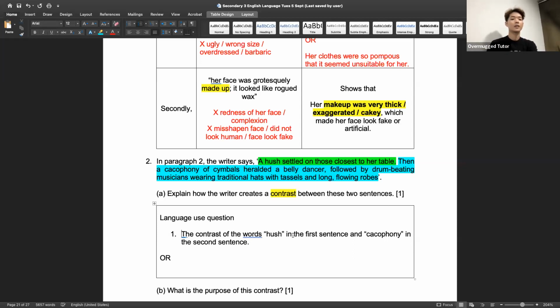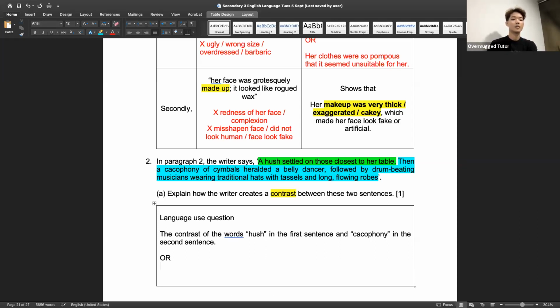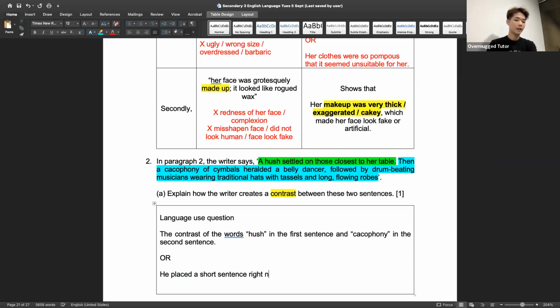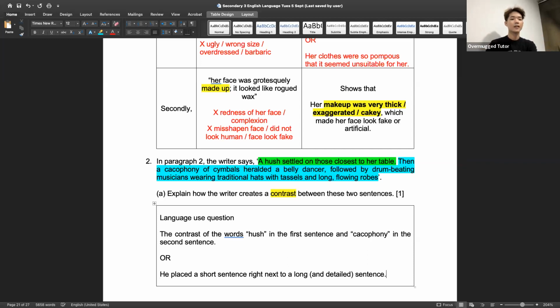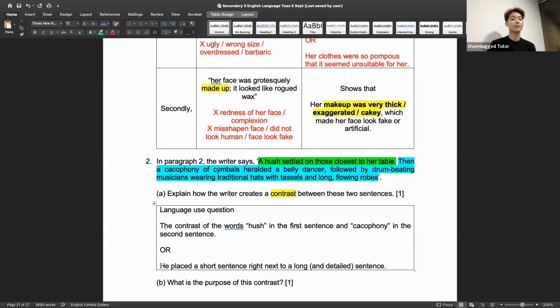Or what else you can say is, this is the standard answer, the one that I'm giving you now: he placed a short sentence right next to a long and detailed sentence. This is a very common technique that I notice has been tested in a lot of papers.